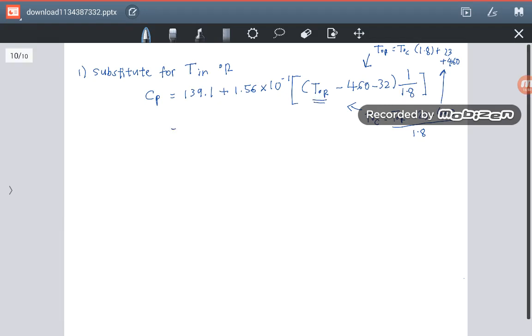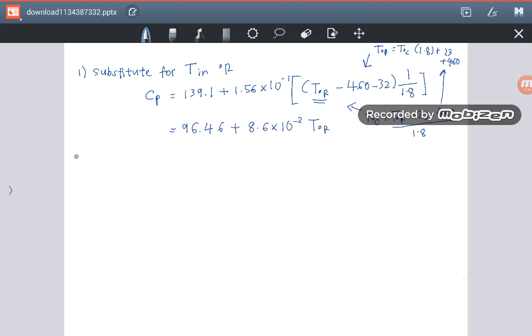At the end, you're going to get 96.46 plus 8.6 times 10 power of negative 2 T Rankine. Okay, so this is the solution for the first step.